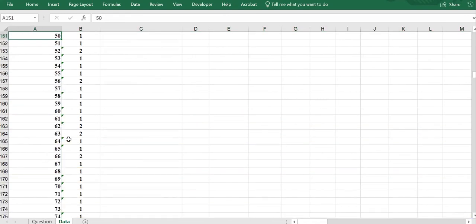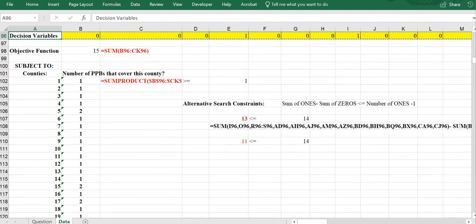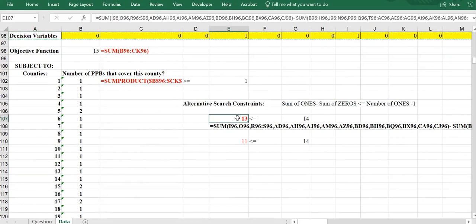You just keep doing this. You need to add another constraint here: add 4 to 1s and drop it from zeros, drop 17 from 1s and add it to zeros, and then less than or equal to 14, and do it.